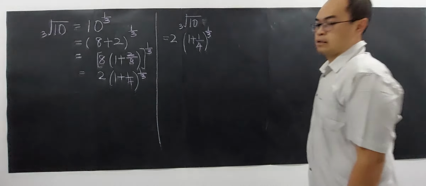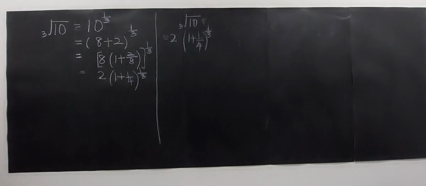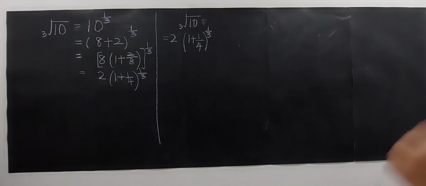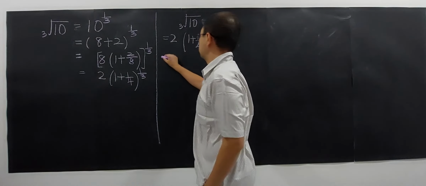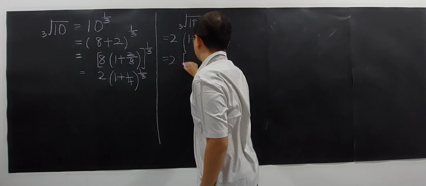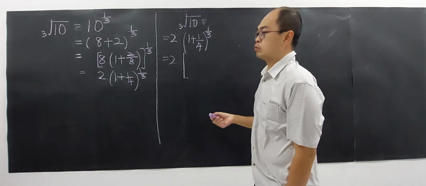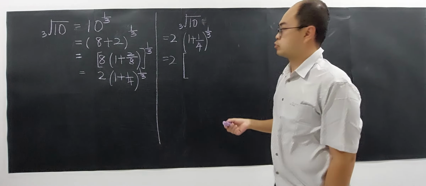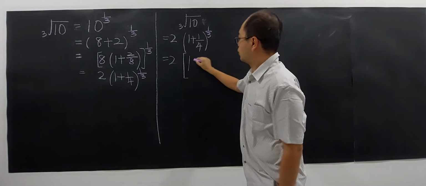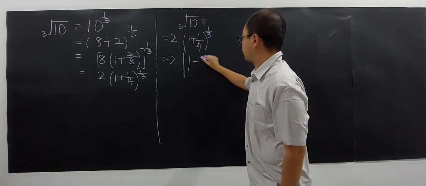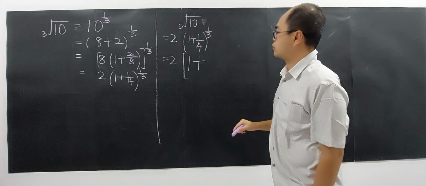So this is very important. Let's see how I'm using binomial expansion. I start expanding now, usually up to the first 3 terms, but I'm going to expand the first 4 terms for you.